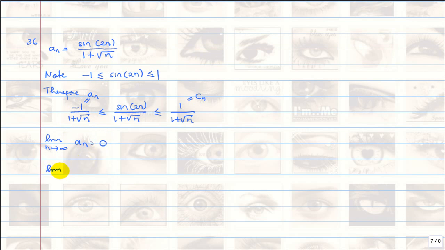And also the limit of the right hand side, c sub n: the denominator is getting bigger and bigger, so the whole thing approaches 0. Since the limit of a sub n equals the limit of c sub n, which is 0, then we conclude that the limit of the middle sequence must be equal to 0 too.